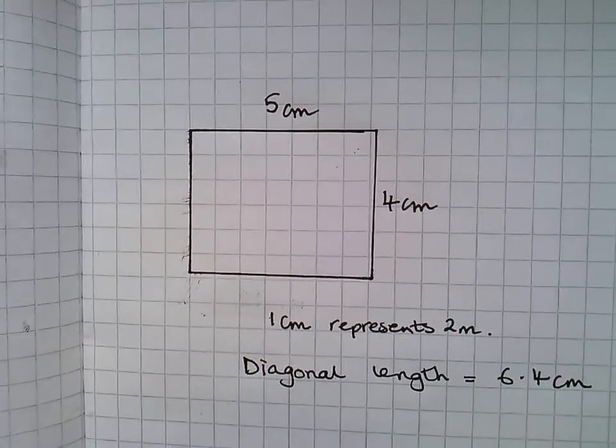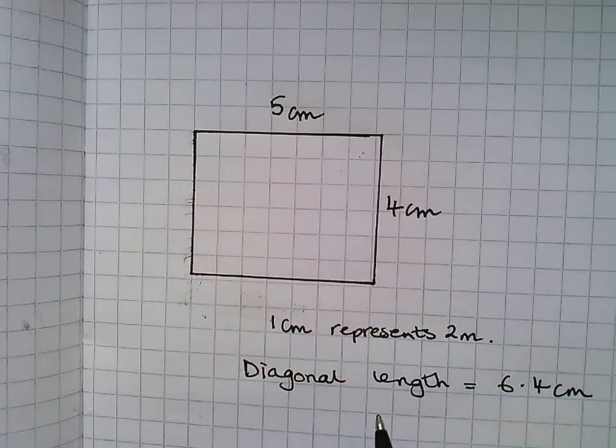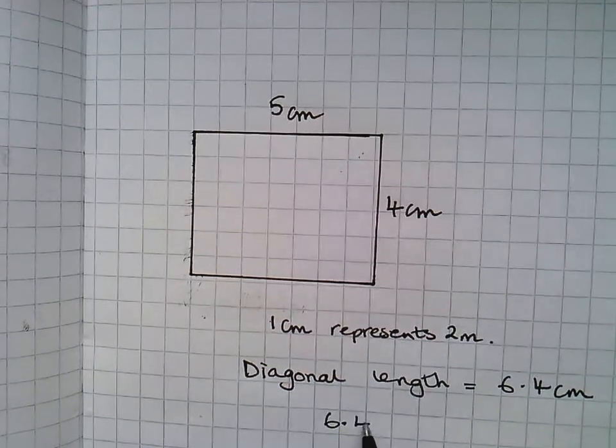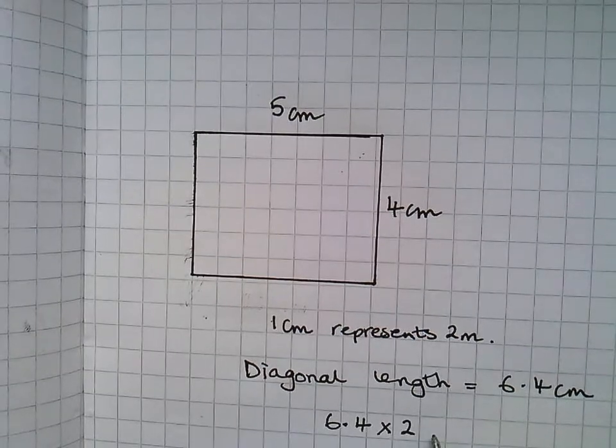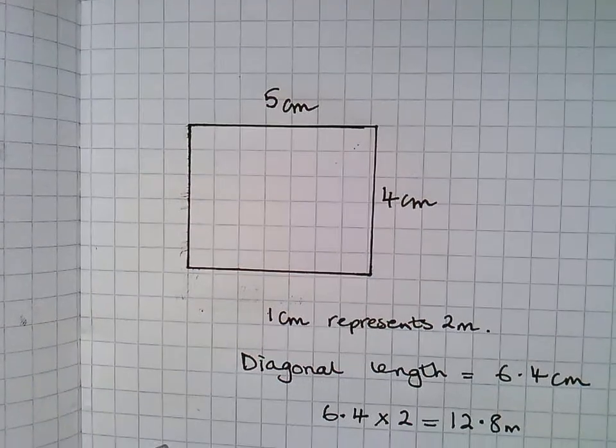Now, in reality, in the room, because 1 centimetre represents 2 metres, we need to multiply that by 2. So 6.4 multiplied by 2 equals 12.8 metres.